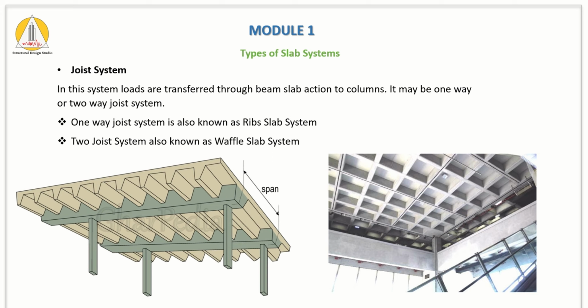In this system, you will have very deep beams, and the thickness of the slab will be very small. For example, if the clear distance between two consecutive beams is less than or equal to 36 inches, you must design it as a joist system, maybe one-way joist or two-way joist system.